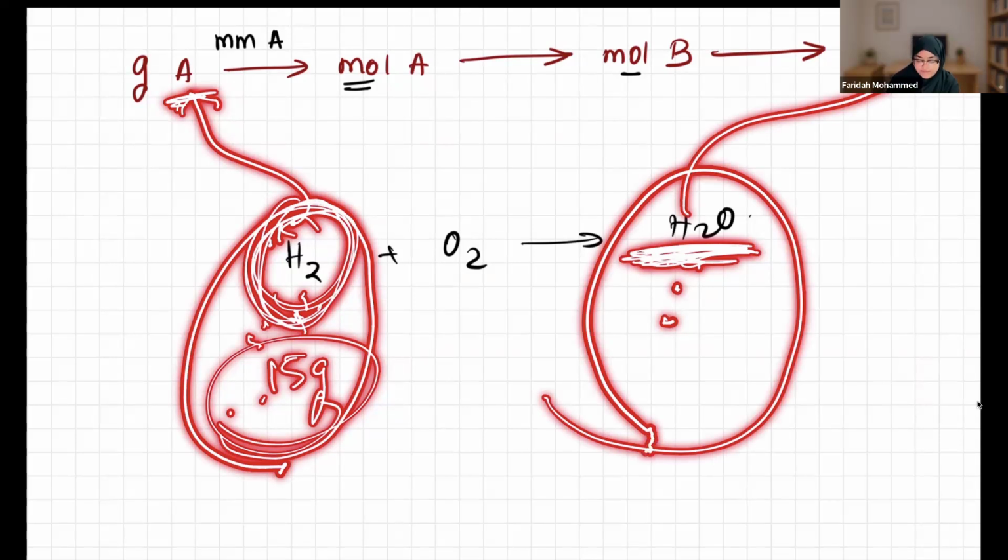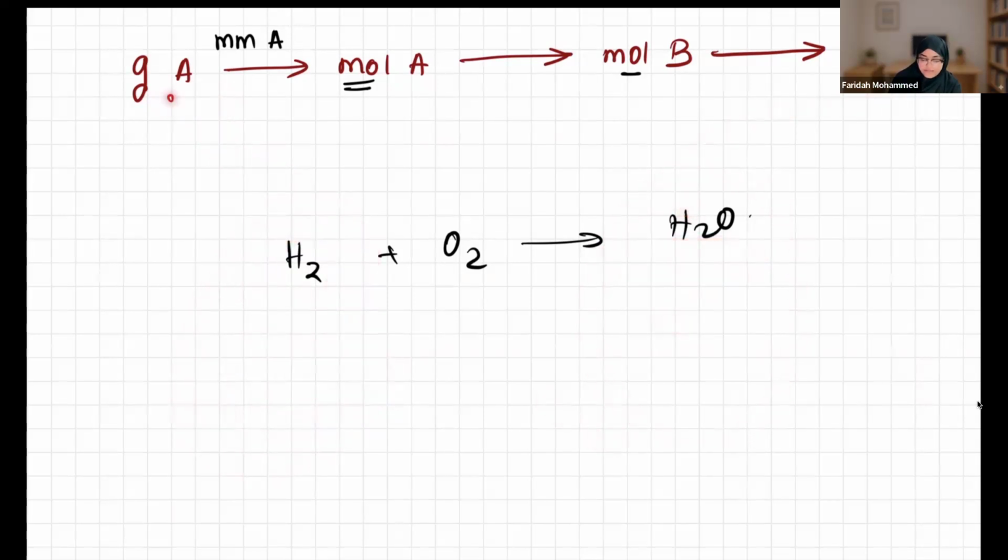So the first step is for you to go from grams of A to moles of A using molar mass of A. And then you're going to go from moles of A to moles of B, in this case from moles of hydrogen to moles of water, using the balanced equation. And then you're going to go from moles of B to grams of B using, who's going to guess?